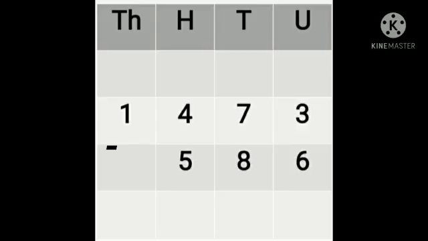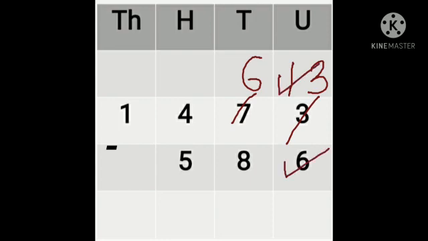Starting from the units, 3 minus 6, we can't subtract. So units will borrow from tens place. After borrowing 1 ten, we get 13 in units place and 6 will remain in tens place. Now 13 minus 6, the answer is 7.